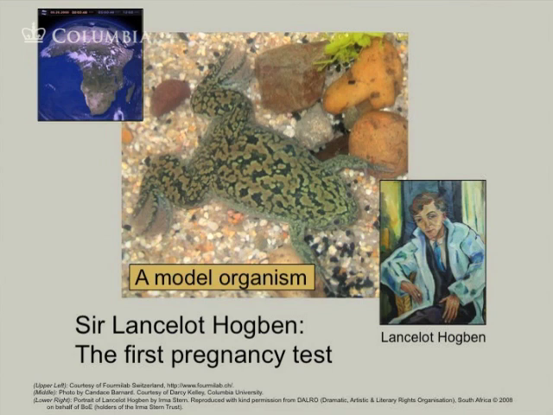And whenever he moved to a new position, and in this case he was moving from North America over to Africa, he'd go turn over the rocks, he'd find the native organisms, and he was very interested in hormones. And one of the things that he discovered was that these animals, if you injected them with urine from pregnant women, the females would lay eggs and the males would sing. And so that was the first pregnancy test, long before you had little strips of paper turning different colors.